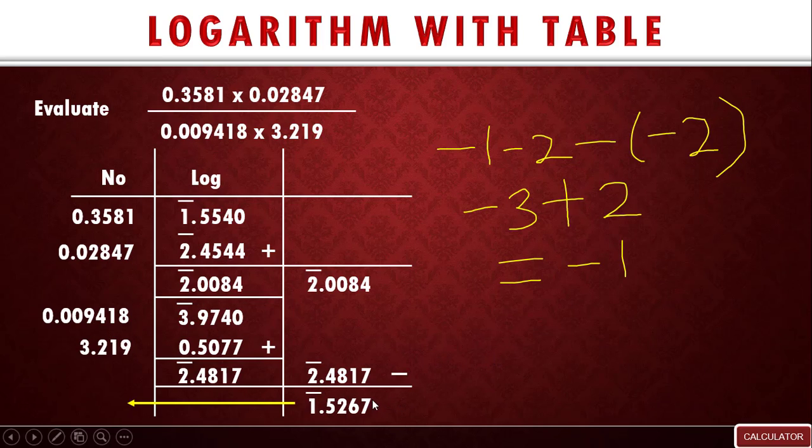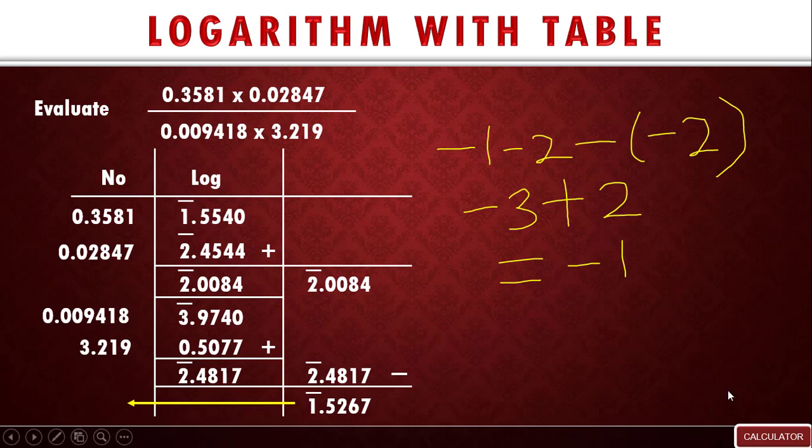So what we need to do now is, if you're making use of your calculator, you cannot press this directly into your calculator to get the value. You can only make use of a workaround. Then if you're using your 4-figure table, just go to your antilog table and check for 0.52 under 6 difference 7.